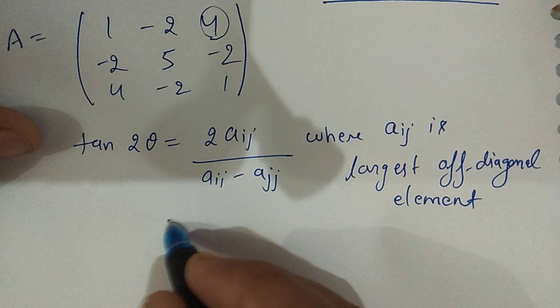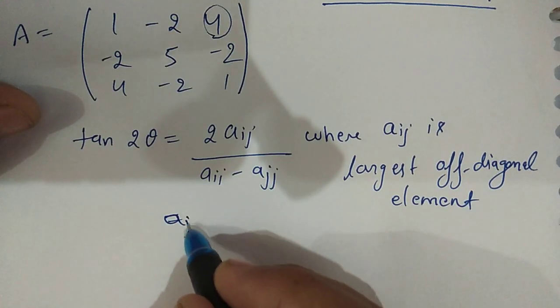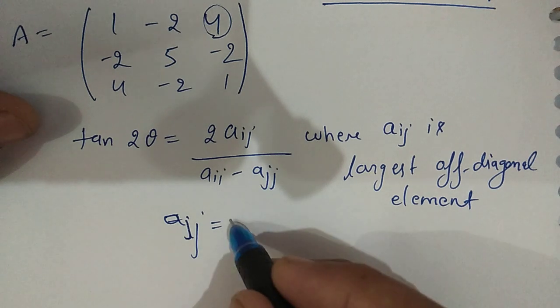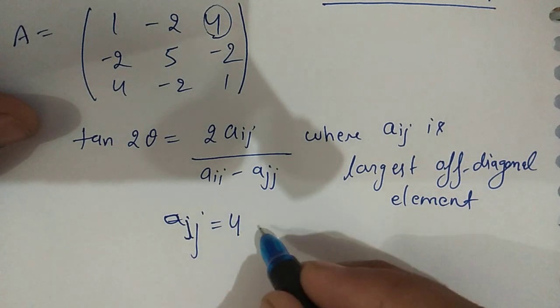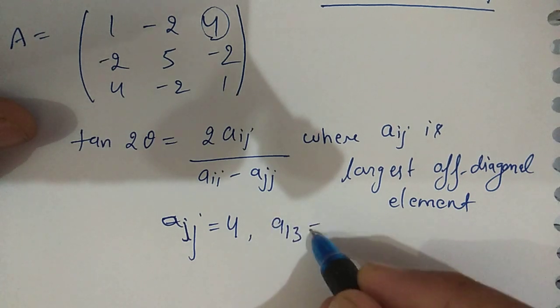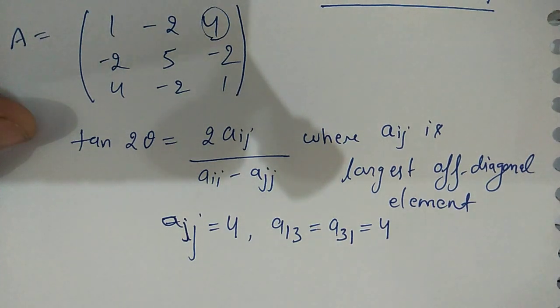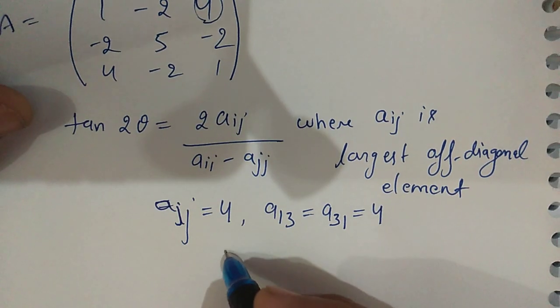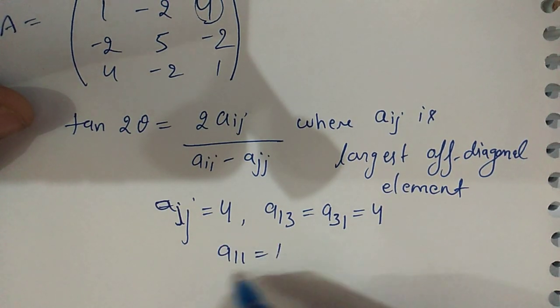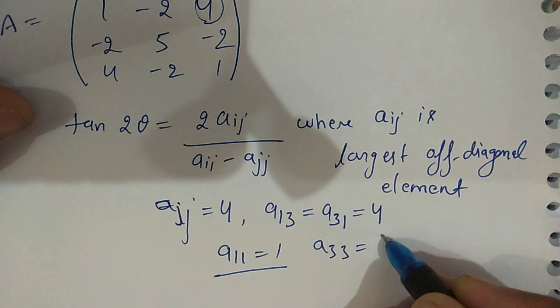So we can have aij equal to 4, which means 4 is at the 1 3 place, and a31 equal to 4. So if i equal to 1, we have a11 equal to 1, and j equal to 3 means we have a33 equal to 1.